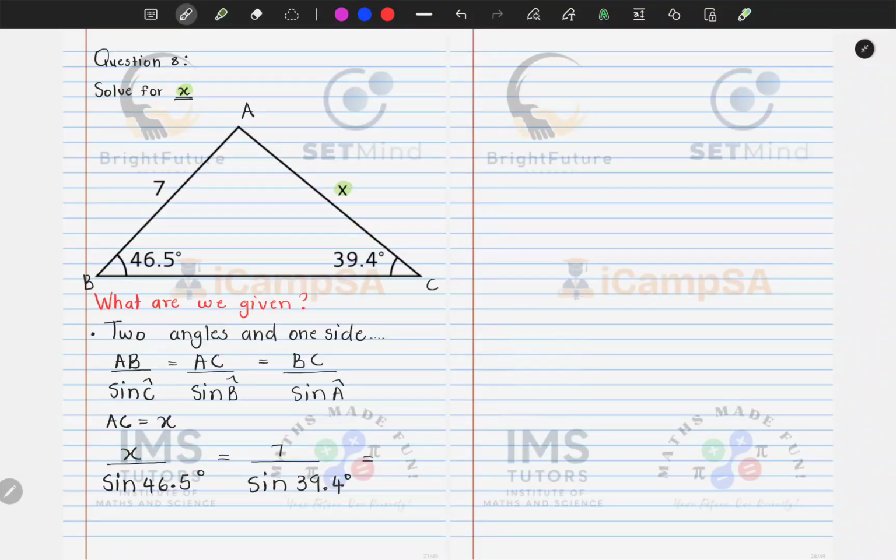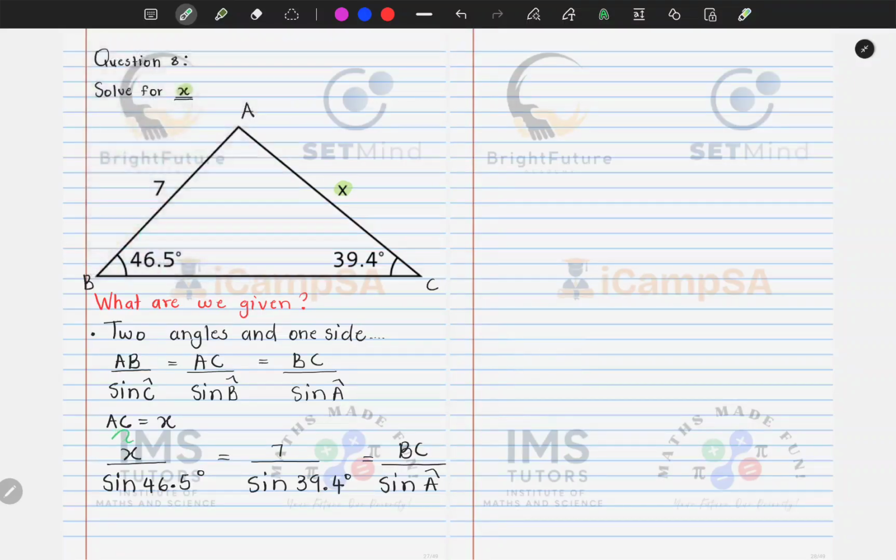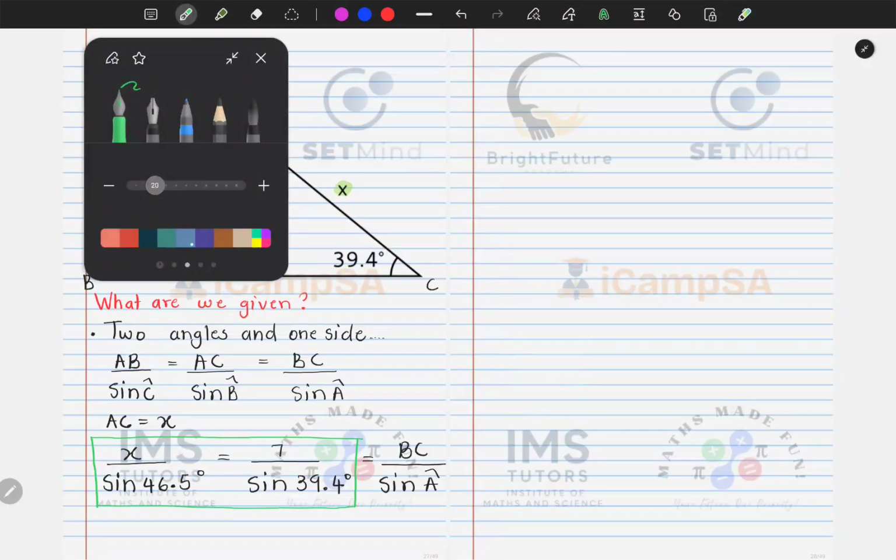And then the last one left, which is BC, will just be divided by sine of angle A. And if you observe carefully, what is more useful here is this portion. That is what we need to work with so that we are able to solve for the x.